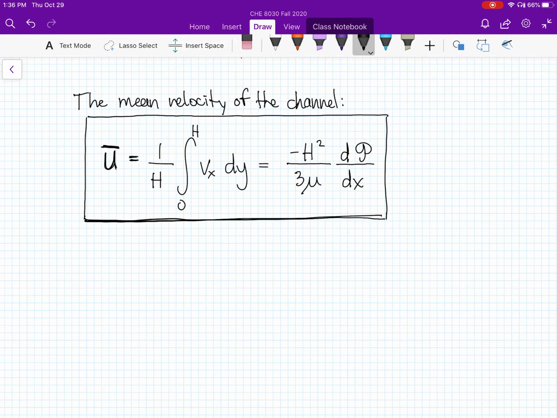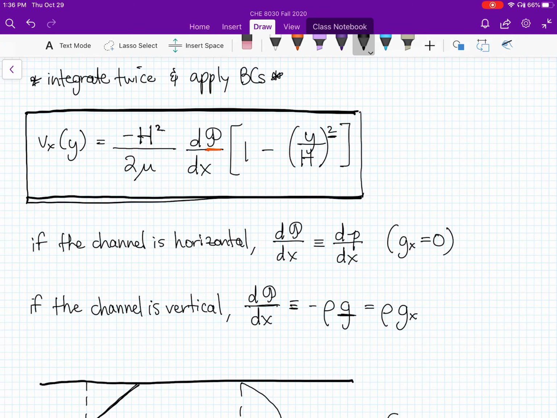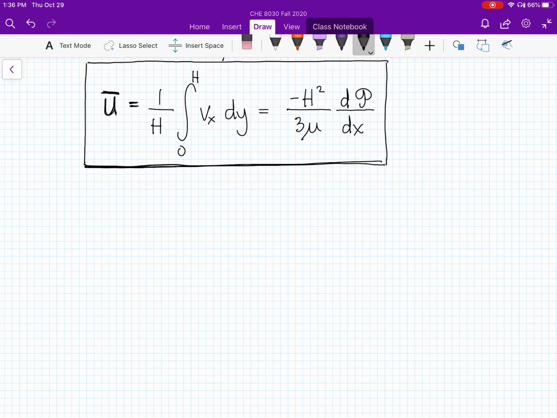Now that I have an expression for my mean velocity, I can substitute that back into my velocity profile, and I can put my velocity profile in terms of the mean velocity of the fluid. That is oftentimes more useful for us as chemical engineers when we go out and we want to measure the velocity of a certain process stream. We're typically not measuring the velocity as a function of distance away from the wall of the pipe.